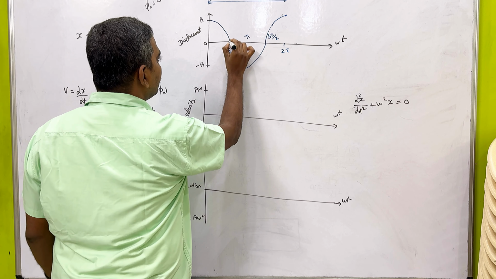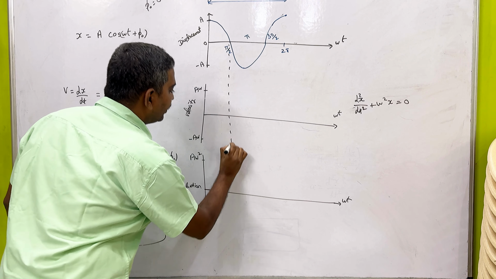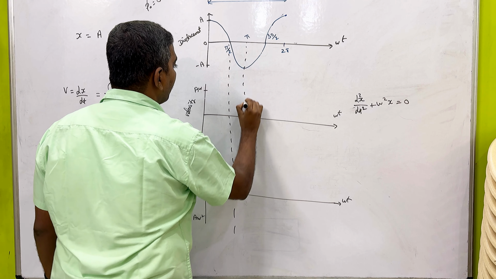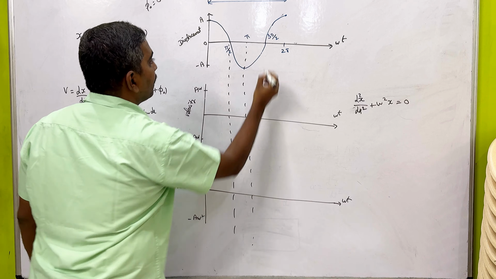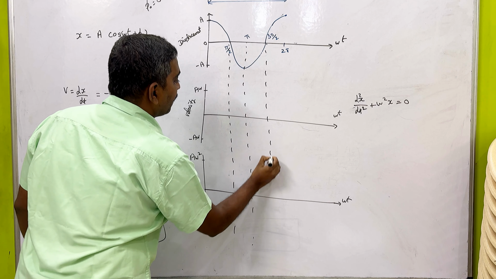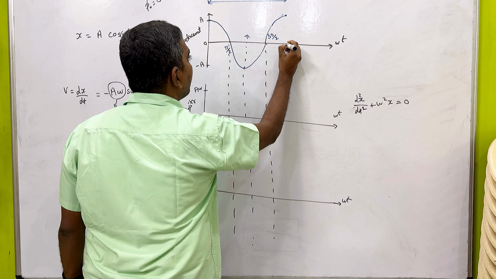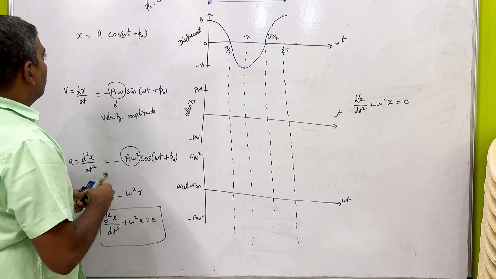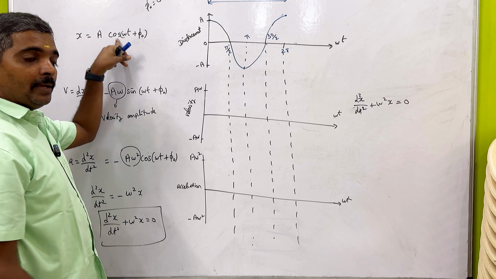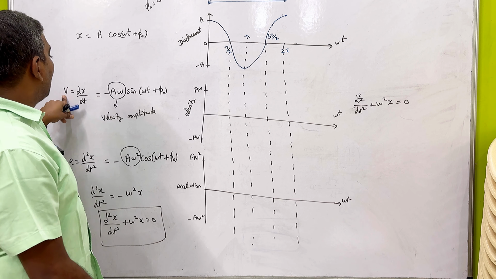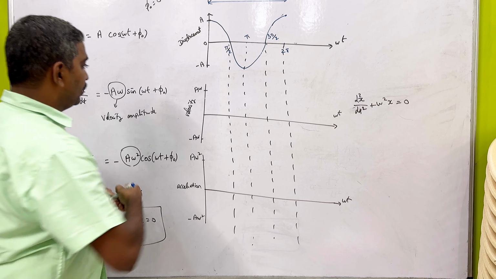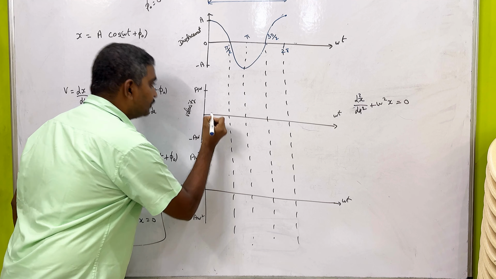Now I'm going to compare how my velocity varies with respect to the same time period, so I can simply take this line here for better comparison. The displacement obeys the cosine function, but the velocity obeys the sine function. Sine 0 is 0, you're starting from 0.